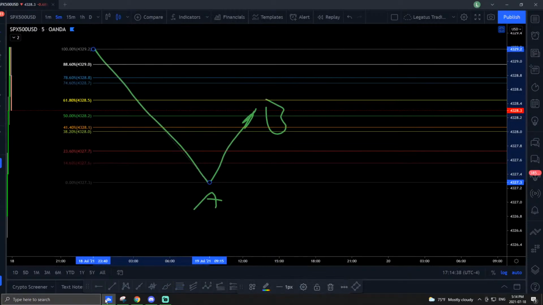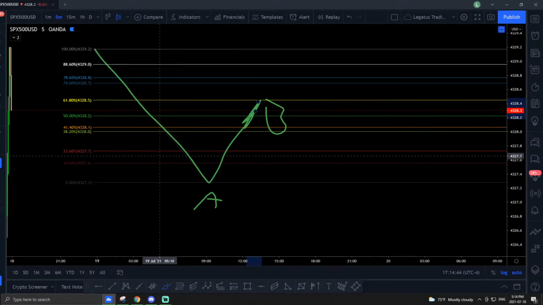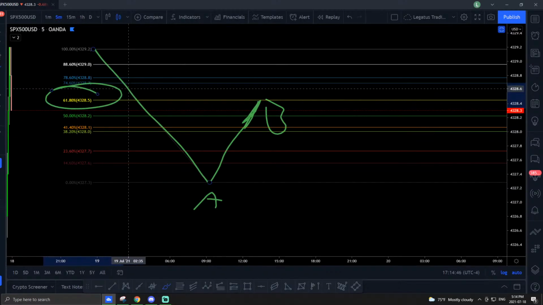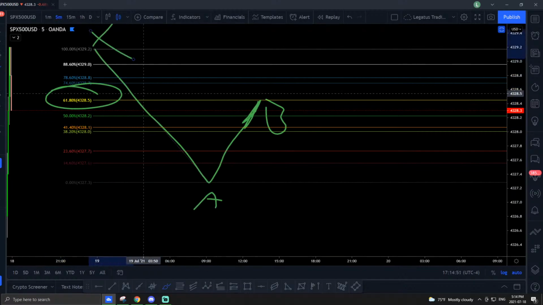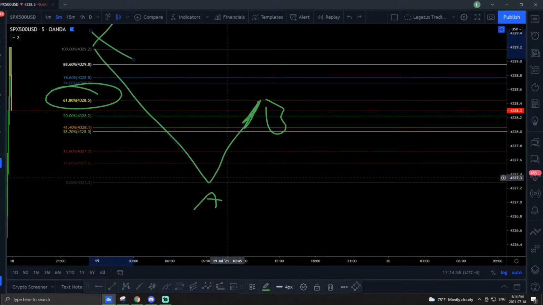It has to be a 61% retracement to get up to the B point in order to satisfy the perfect ramifications for the original Gartley pattern. So we have our X all the way at the top there. We know that the next move, which is creating our B point, is going to be at that 61% level.